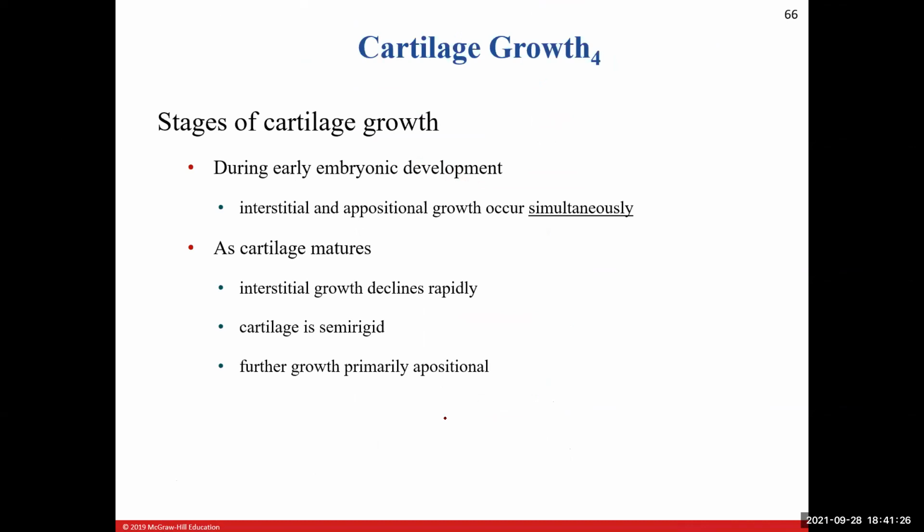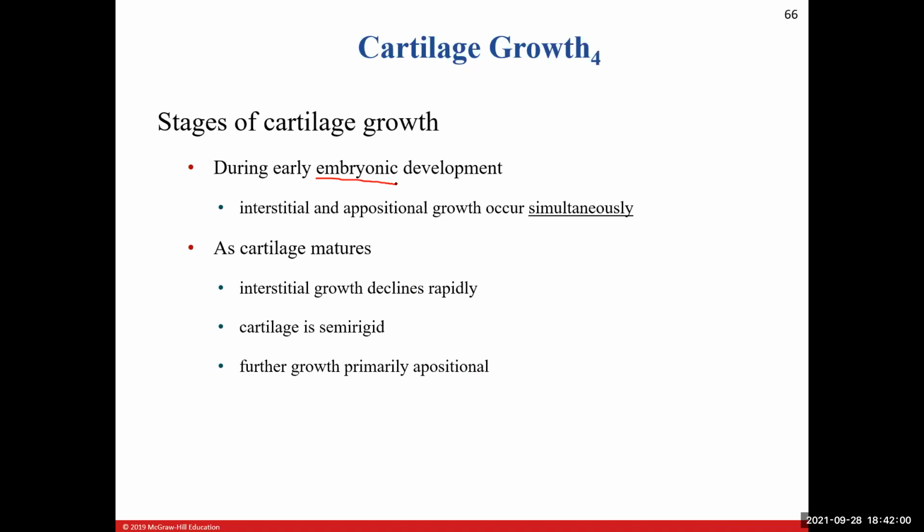All right, so why is this important? Well, we need to make our bone, we need to make our skeleton. But how your body does it is first, it makes a cartilage model. We start this early on during embryological development. In the first trimester, this is going on, and we'll see that both of these types of growth occur at the same time.